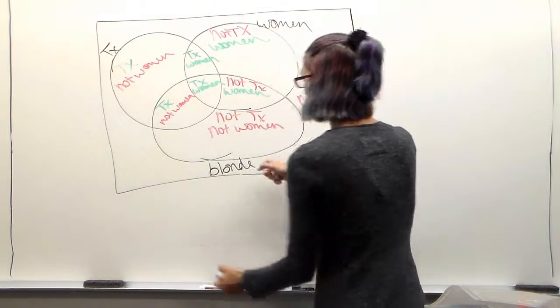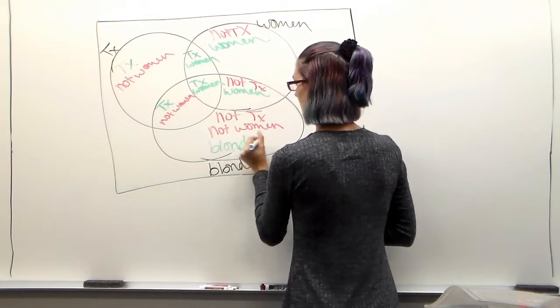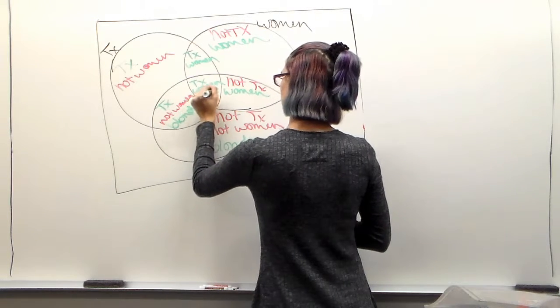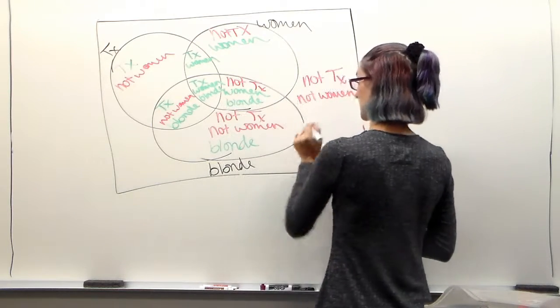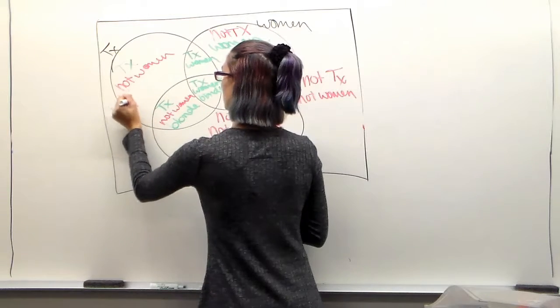And then last, we're going to look at the blonde circle. So I have your blondes as everywhere inside the circle. Not there. And everywhere outside the circle is not blonde.